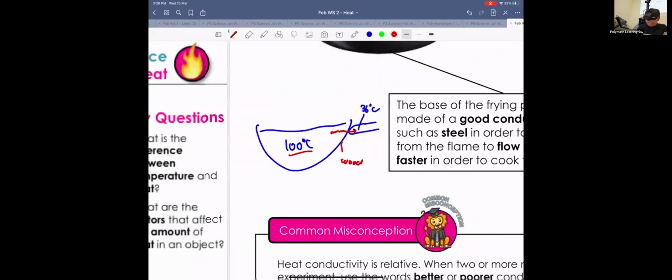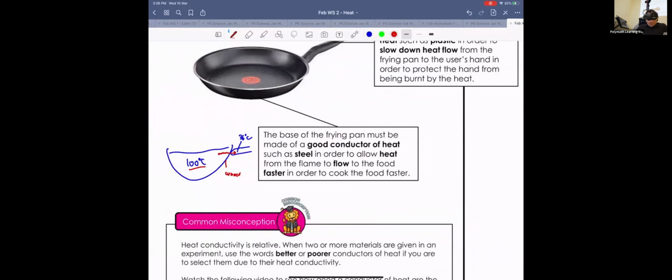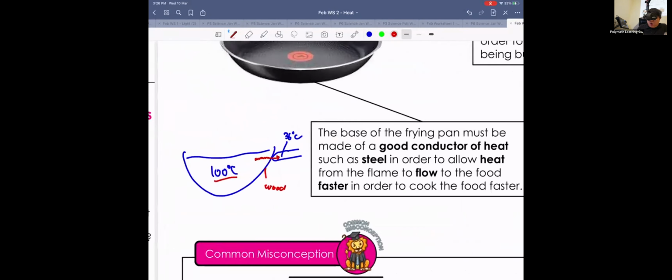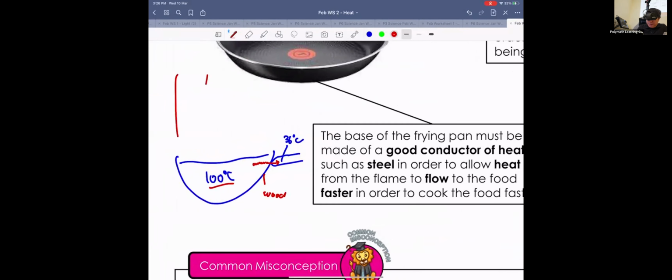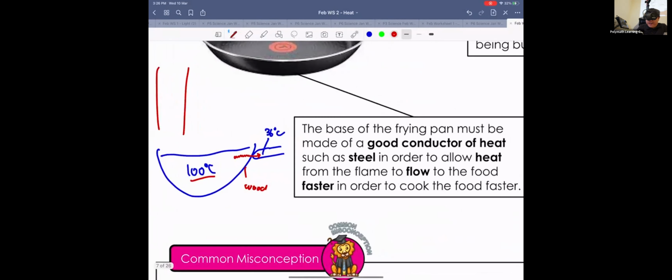So that is good conductors of heat and poor conductors of heat. The opposite happens if you touch a piece of metal at room temperature. Just now I asked Hedwin and Ricardo to touch the legs of the table because it's metal. We are in an air-conditioned room, so it's around maybe 22 degrees Celsius.